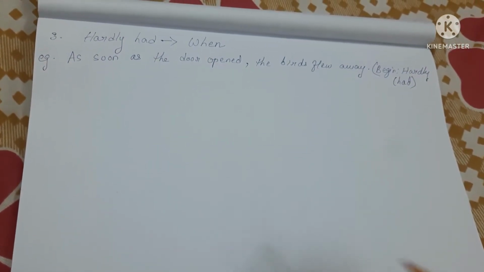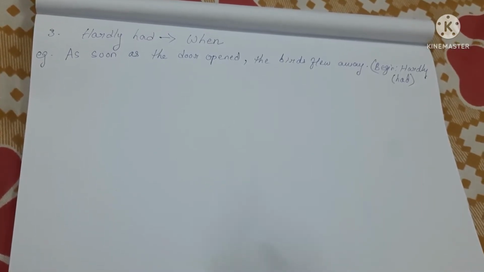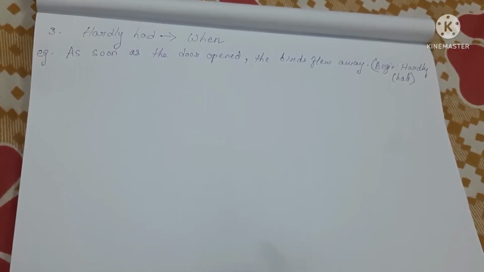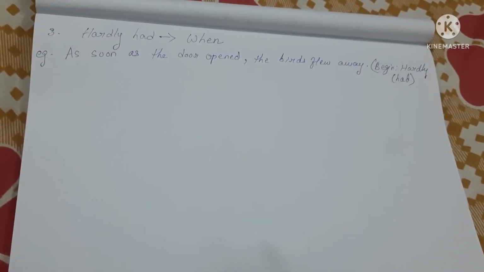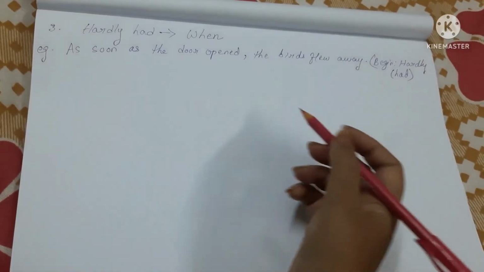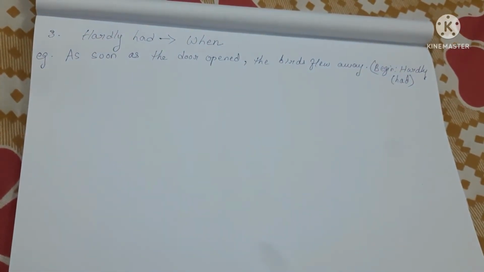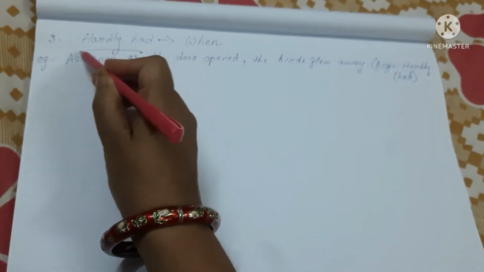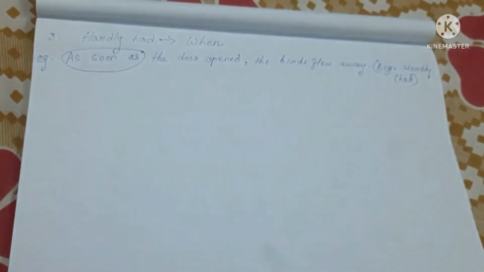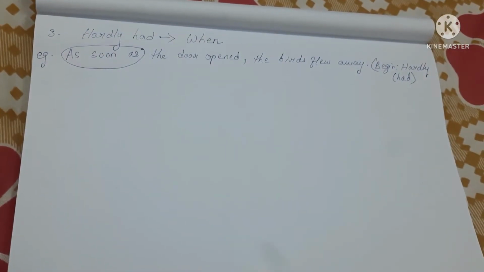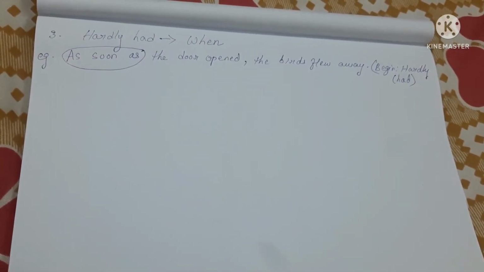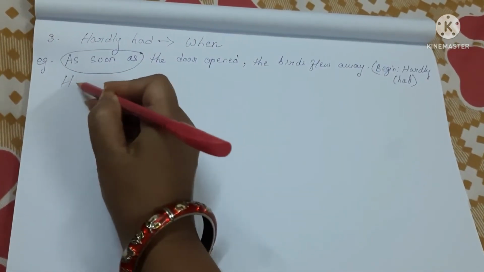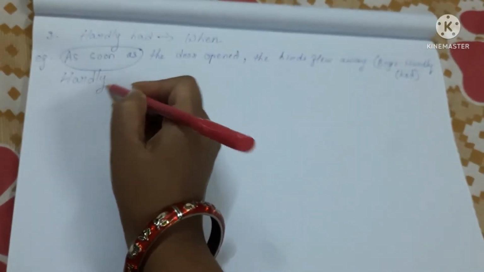Even if the instruction given is hardly, you automatically have to use had after hardly. Now, where are we going to use when? Let's see that. You have to definitely remove as soon as, because you are going to begin with hardly had according to the instruction. So, let's start with hardly had.